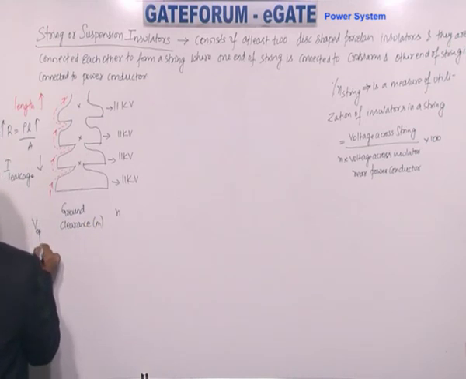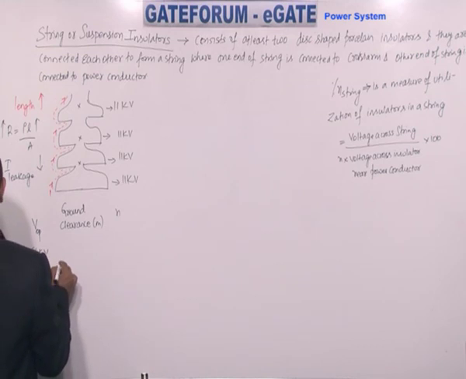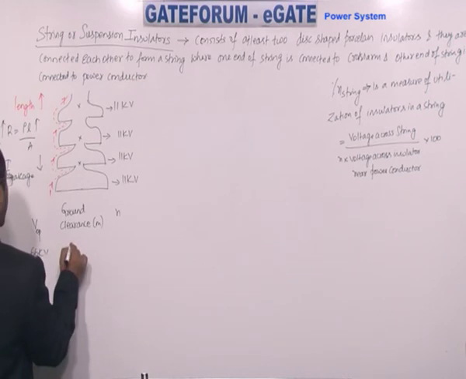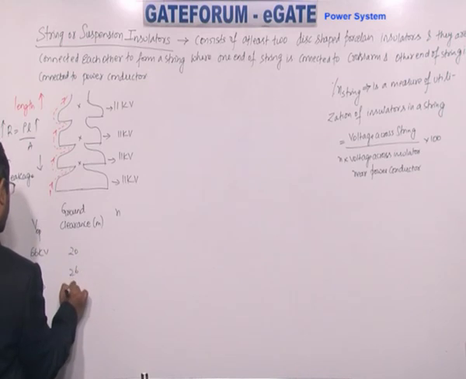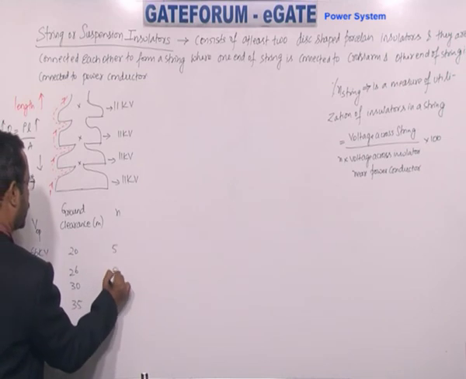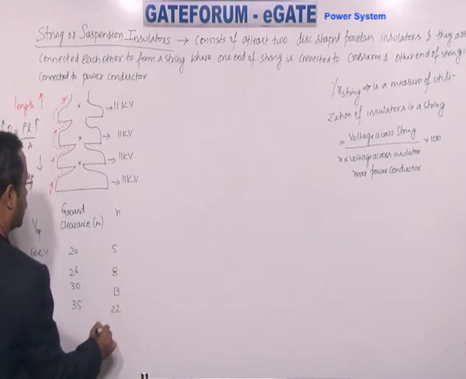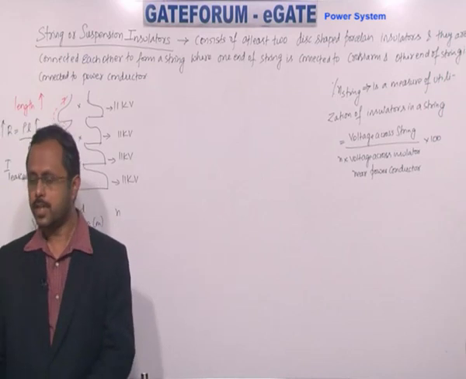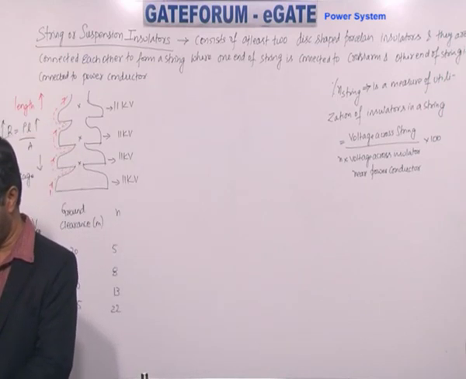So we check for 66 kV, 132, 220, 400. For ground clearance of 20 meters, 26, 30, 35 meters, the number of insulators required are 5, 8, 13 and 22. So these are the number of insulators required.